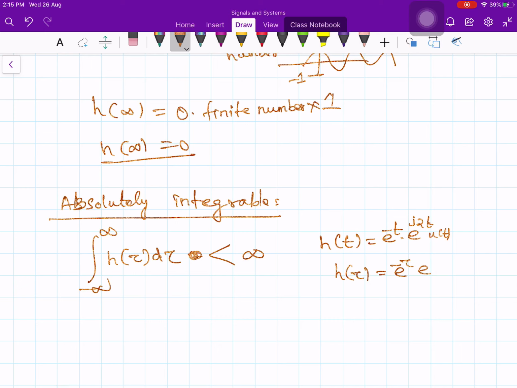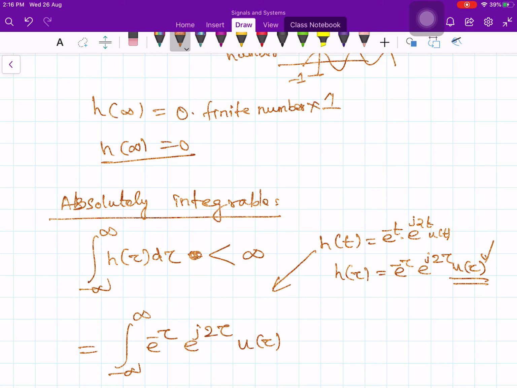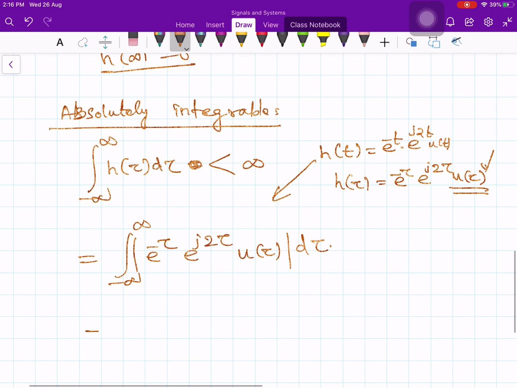No need of tau also, you can straight away substitute here, but we need the result in the time domain, so let us keep it as it is, no problem. So the integral of e to the minus tau, e to the j2 tau, u of tau, take magnitude, d tau, from minus infinity to plus infinity.